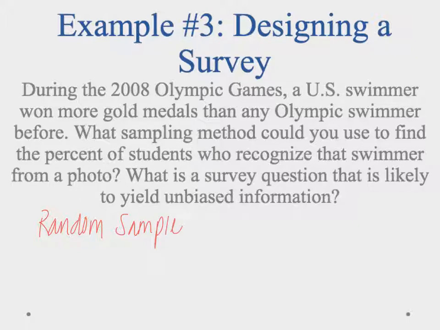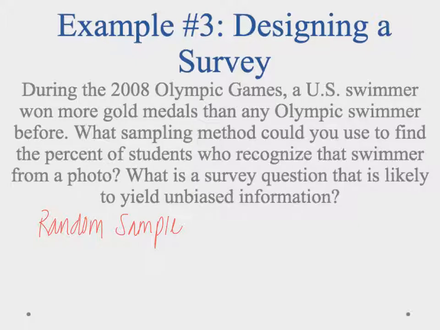If you ask students in the school randomly throughout the day, that may be the best way to get that. You can just ask students randomly in the hallway. It doesn't really matter. Or you could also use a systemic sample.